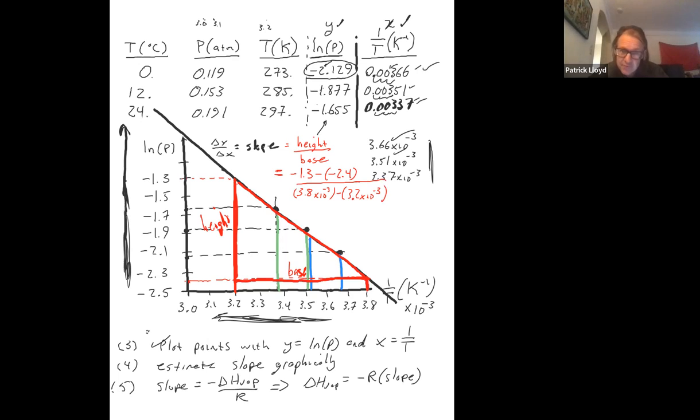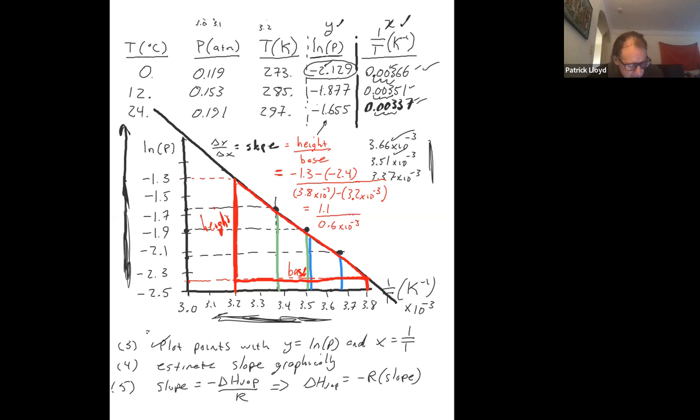It's a factor of 1,000. So now, if you take negative 1.3 minus a negative 2.4, you get 1.1, right? Because you're adding the 2.4. And then if you take this difference, you get 0.6 times 10 to the minus 3.